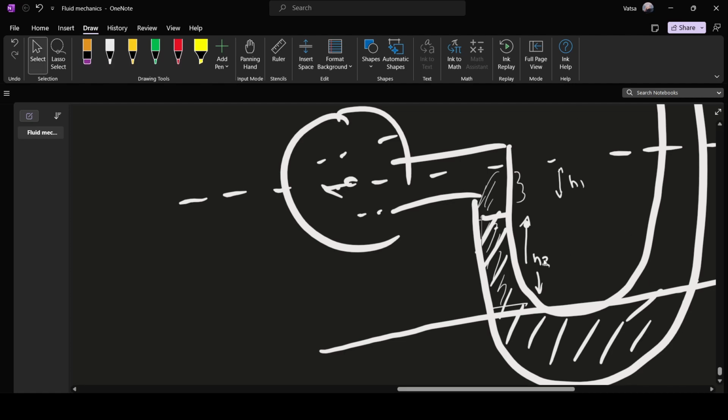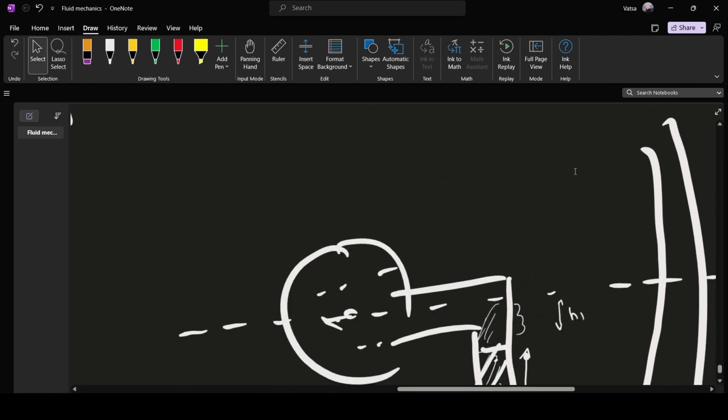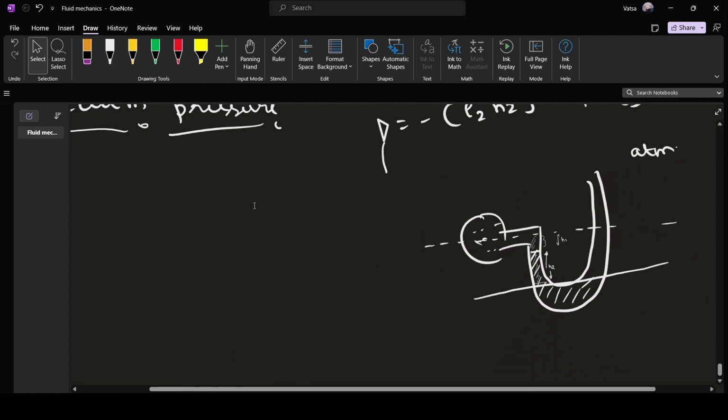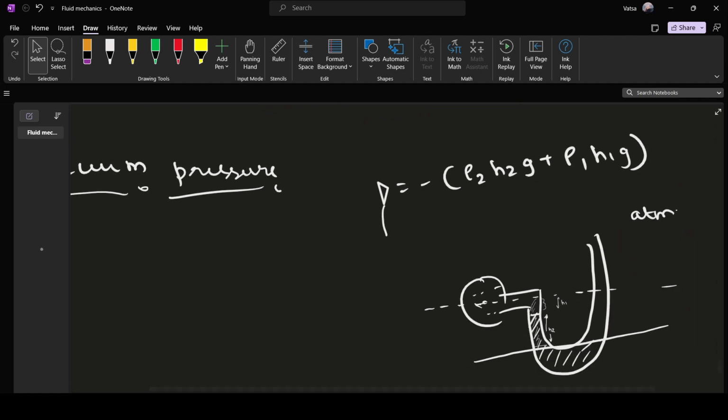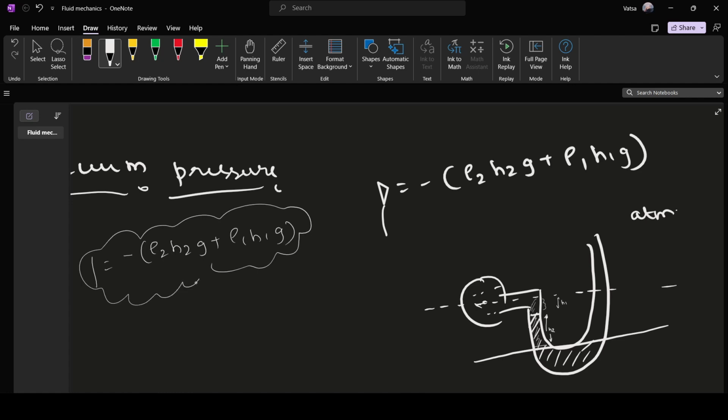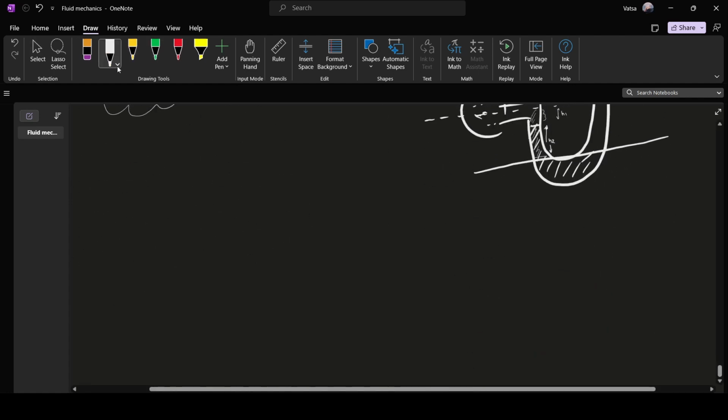I hope you got it. This is H2, this is H1, and the formula goes like this. So pressure is equal to minus rho 2 H2 G plus rho 1 H1 G. Hope you got that.